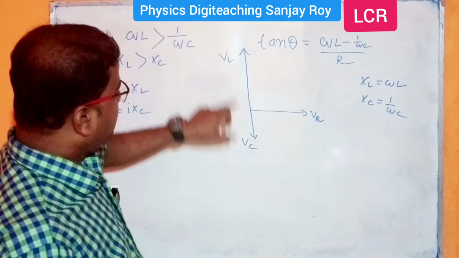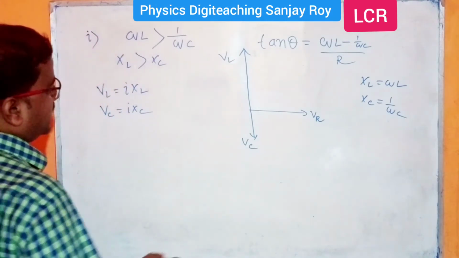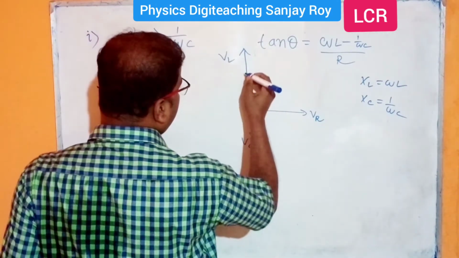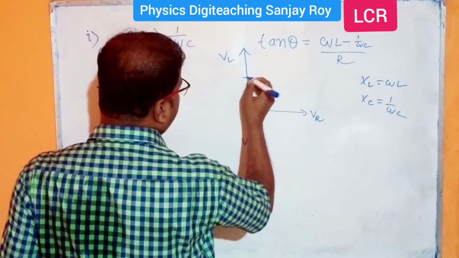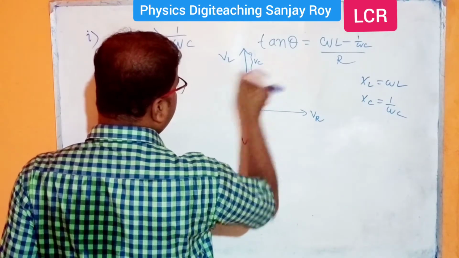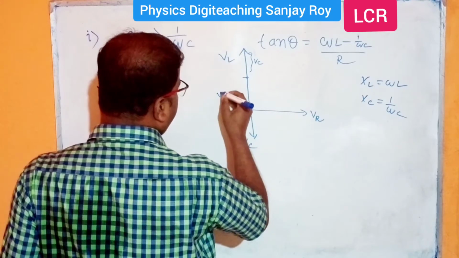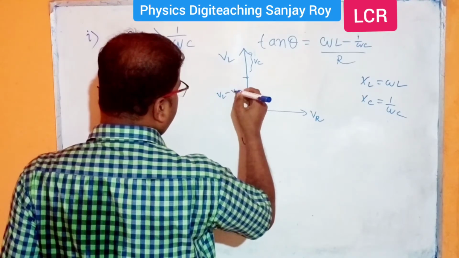Here VL and VC are antiparallel, therefore the resultant voltage, this is VC, and this gives VL minus VC.